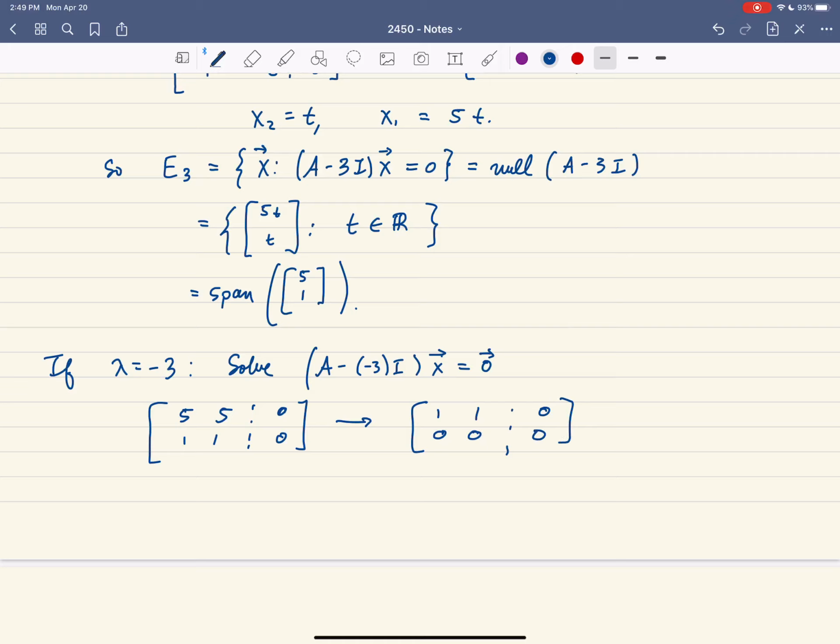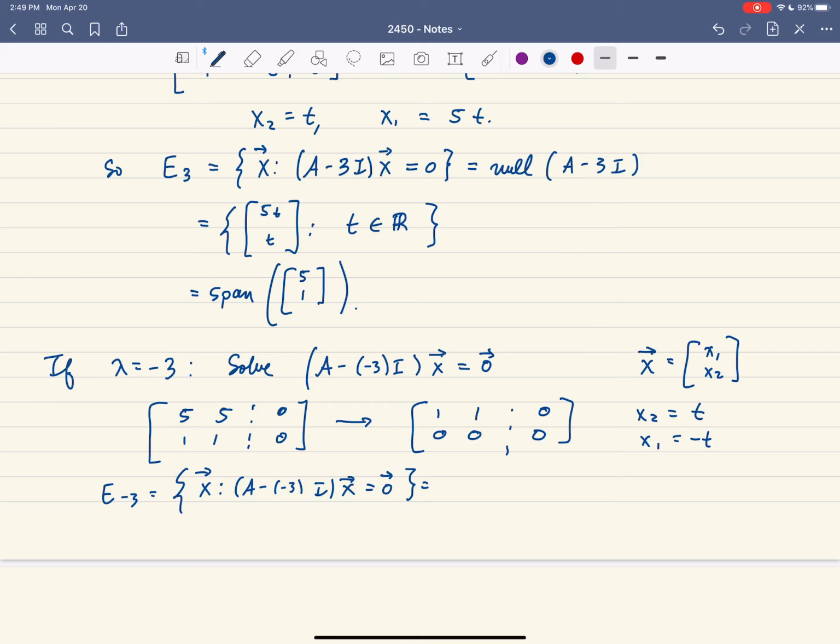And then, again, let's let x be the vector x1, x2, and let's let x2 be t. Then x1 is negative t. And so E negative 3 is going to turn out to be, remember, the set of all the vectors x where A minus negative 3I times x is equal to 0.